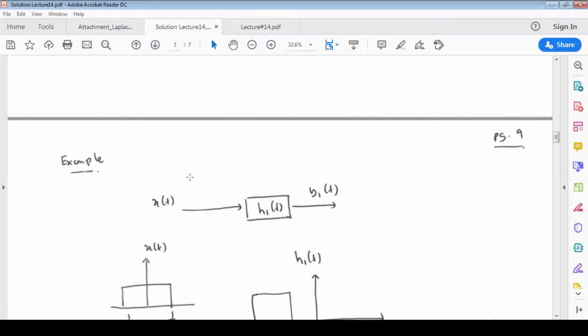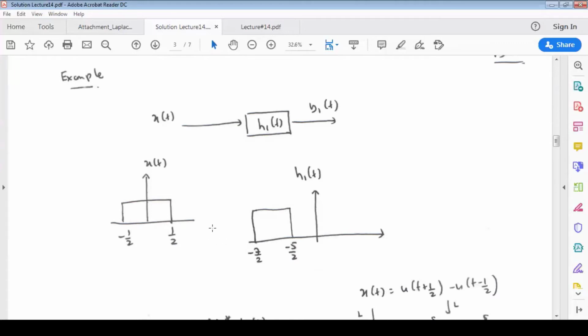So this is convolution in time domain. This particular block states that the relationship between the input, the system's equation, and the output is a convolution. y1t is xt convolved with h1t.